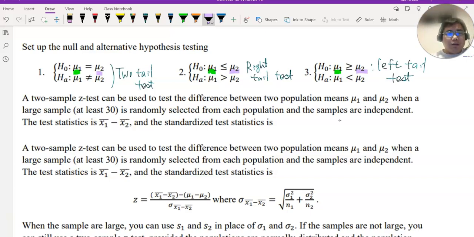Now the two-sample z-test can be used to test the difference between two population means, mu1 and mu2, when a large sample, at least 30, is randomly selected from each population and the samples are independent. The test statistic is the mean x1 minus mean x2, and the standard error is given by the formula.